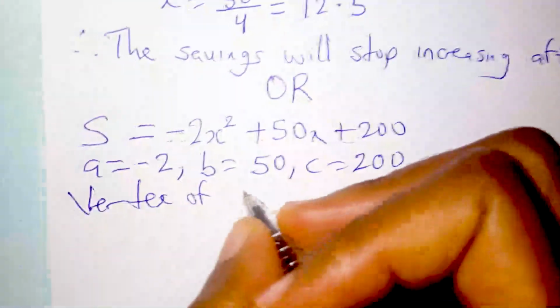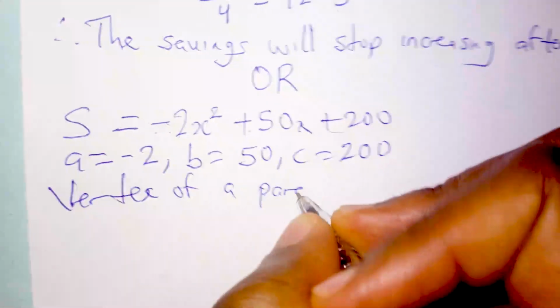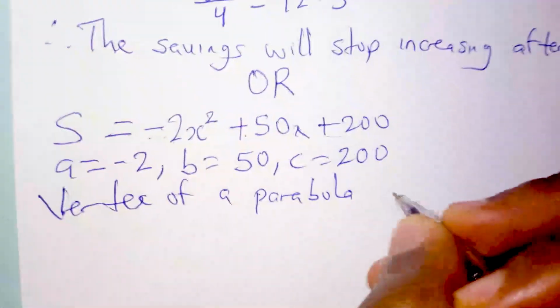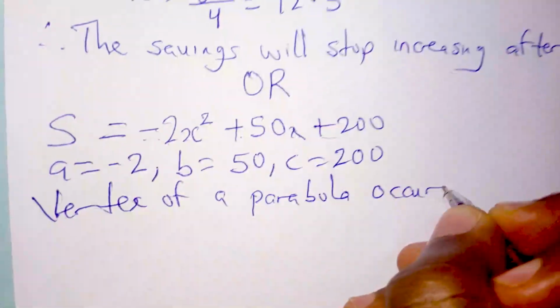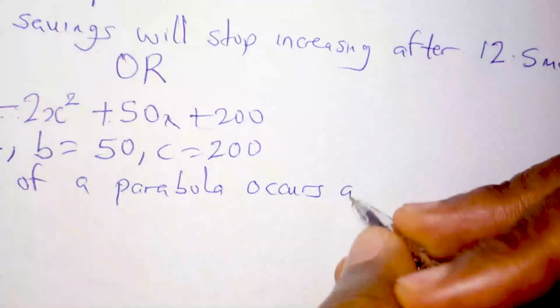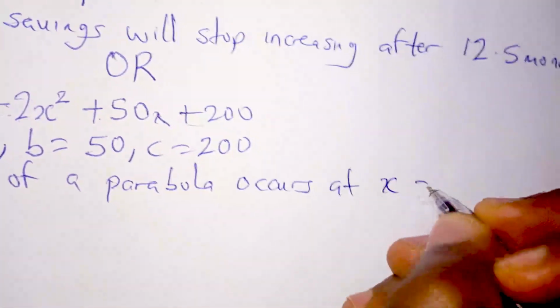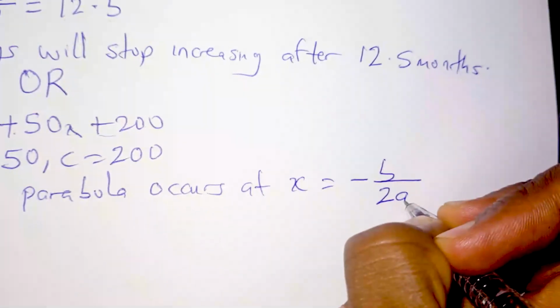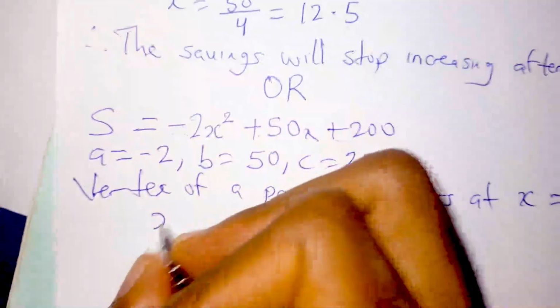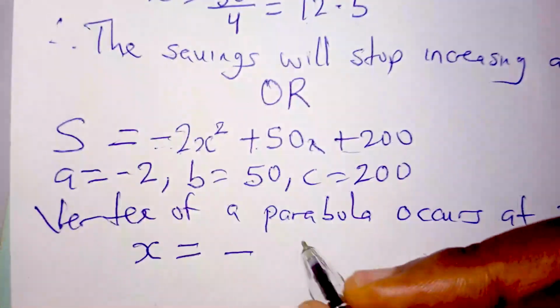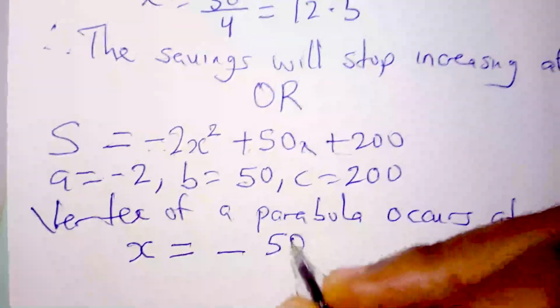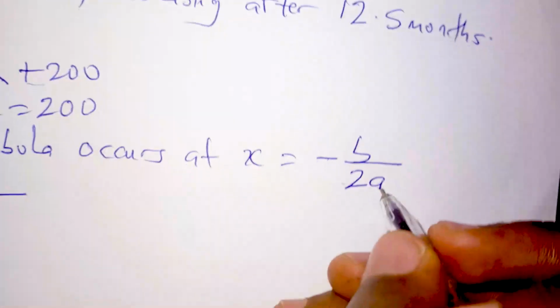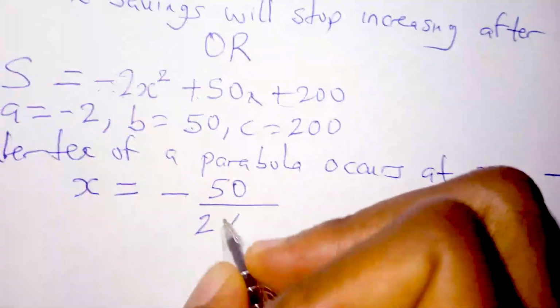Fine. Now from here, the vertex of a parabola occurs at x equals minus b over 2a. So x is going to be minus, what's our b? 50, over 2 times a. What is our a?